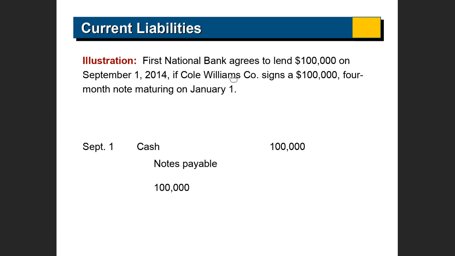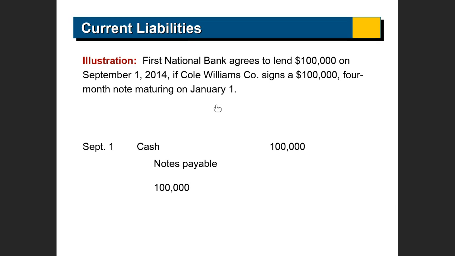First National Bank agrees to lend $100,000 on September 1st, 2014, if Cole-William Company signs a $100,000 4-month note maturing on January 1st. So this is a 4-month note. This is going to be payable, and you can see this is a little bit off because of the blackboard: the 100,000 of the notes payable, which should be on the credit side, is on the second line, but on your printout it should be on the credit side.